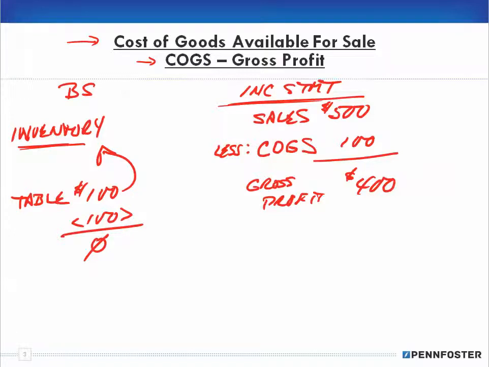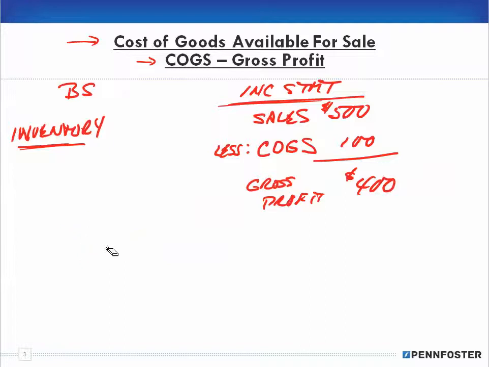Okay, so that's what cost of goods sold is. I buy something, in this case the table for $100, and I put it into inventory. That's why it's called cost. That's my cost, and then of goods sold. The goods sold is that table.